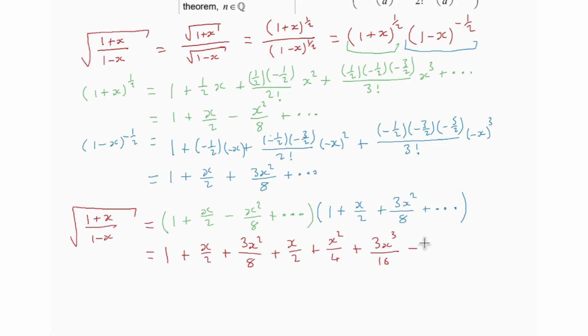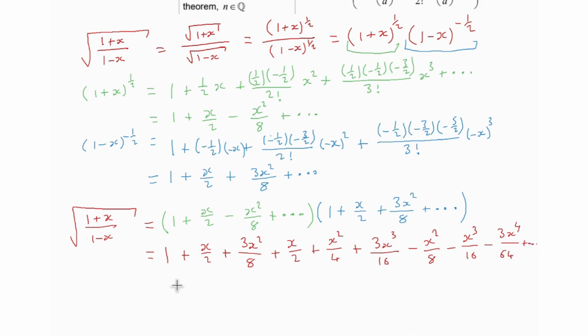And then minus x squared over 8 times 1, minus x cubed over 16, and we do this one times that one, and minus 3x to the 4 over 64, and that's going to continue.